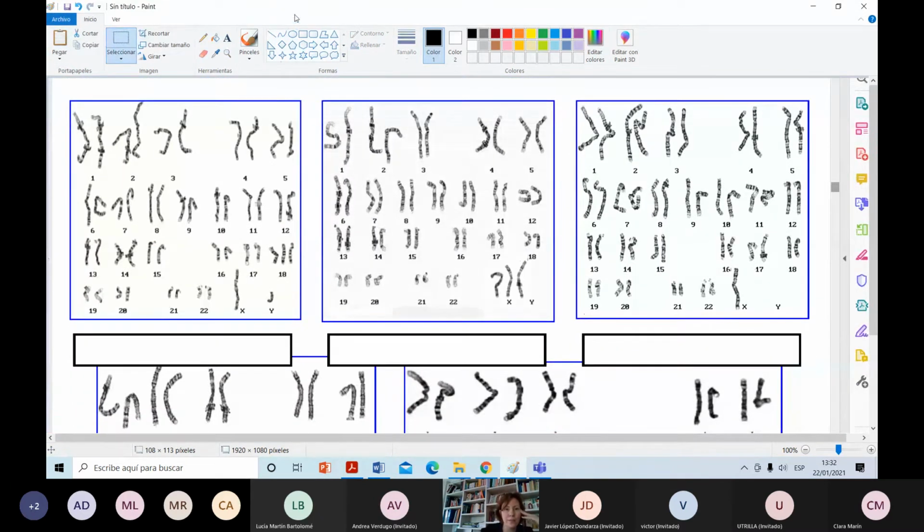Well, let's see the following pictures. This one on the left. Andrea, where is the abnormality in this case? I've got 2 sex chromosomes, an X and a Y. So, Andrea, what is the sex of this organism?